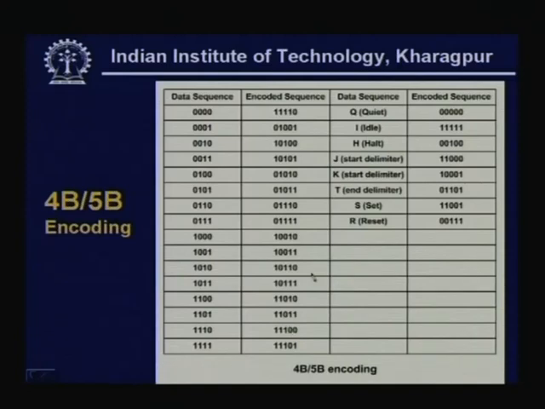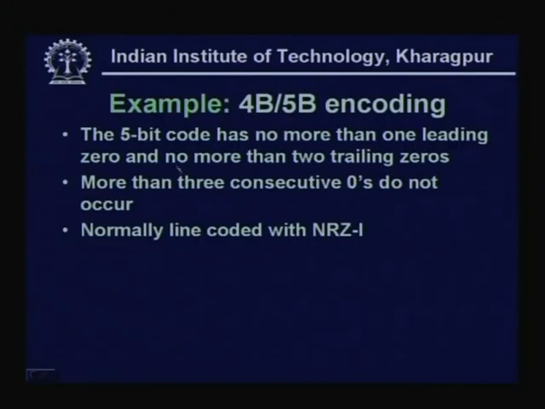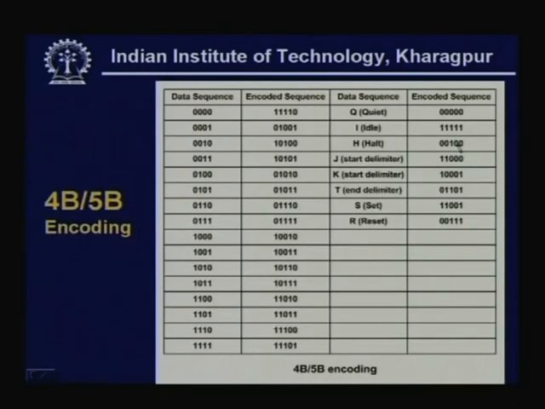As I mentioned, it was necessary to have no more than 1 leading 0 and no more than 2 trailing 0s, and that is being satisfied here. We do not find more than 1 leading 0, and no more than 2 trailing zeros. Here there are 2 trailing zeros, but you will not find 3 trailing zeros anywhere. So, this is how the encoding is done.